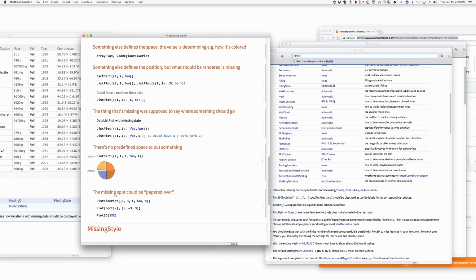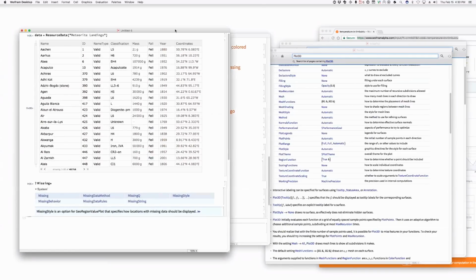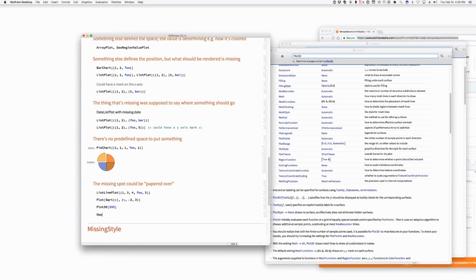The only problem is in this papering over method. Okay, so these things need a missing style, but they also need a papering over method. So these need a missing style and a missing data method, or missing method or something, right?